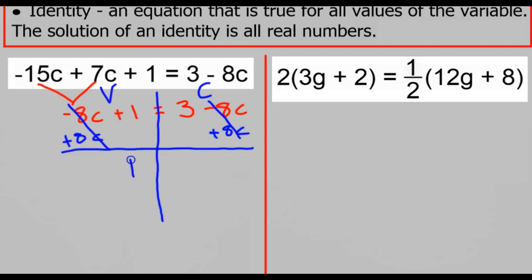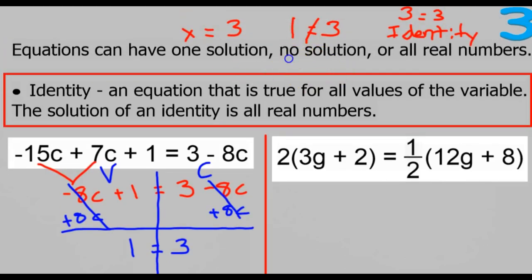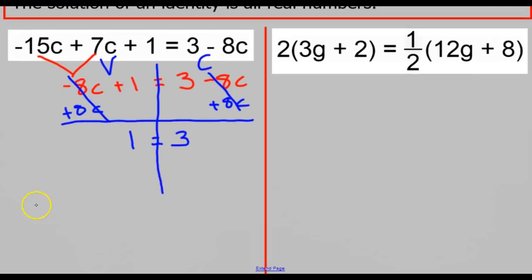So what I'm left with is 1 equals 3. Now I know that 1 doesn't equal 3 because they're not the same number. So what that means is I have no solution. So there is no solution to this equation. So my answer then, my solution to this equation is that there's no solution.